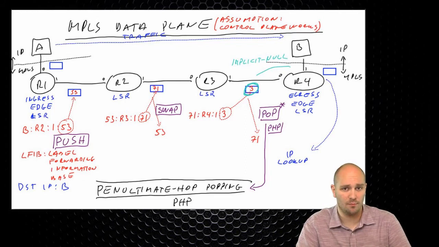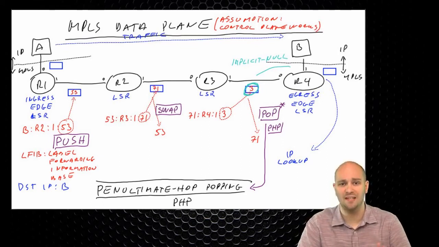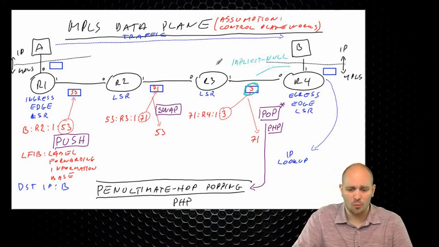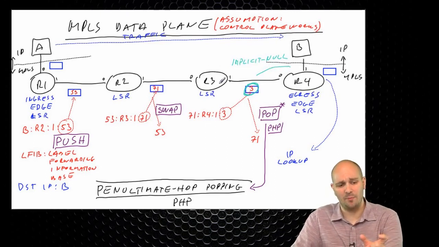For regular MPLS without the VPNs, there would be absolutely no need for you to ever turn on the explicit null. And even in IOS, and I've seen this, I haven't tested it recently, I have to admit, but in some of the older versions of IOS, even if you enabled the explicit null, you wouldn't actually turn off the penultimate hop popping, because the IOS on R3 here would say, okay, how many labels do I have on the stack?